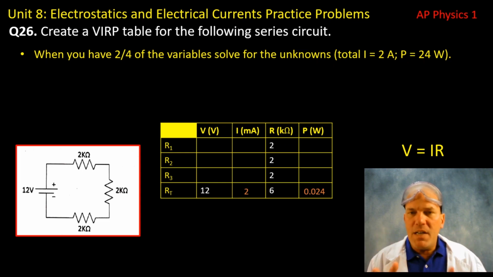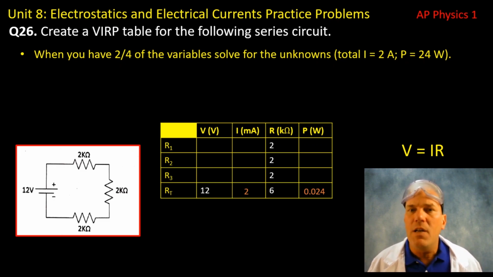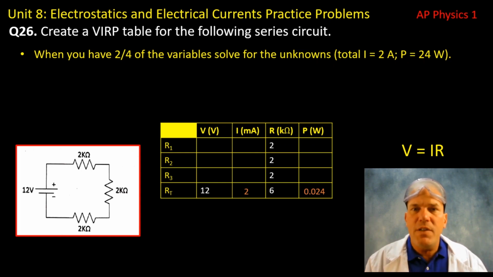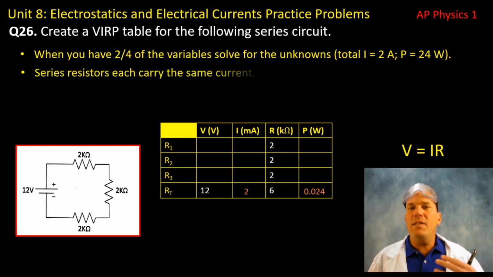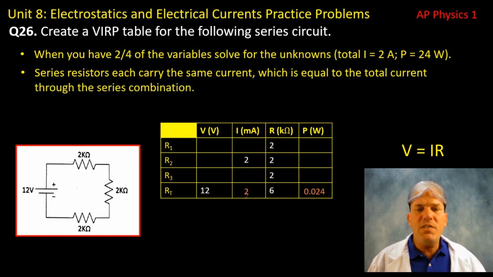Now, because we know the total current, and because we're able to apply some of the facts, namely the fact that the current throughout this entire circuit, which is comprised solely of resistors in series, is constant. So we know that in this instance here, the current for each resistor must also be 2 milliamps.